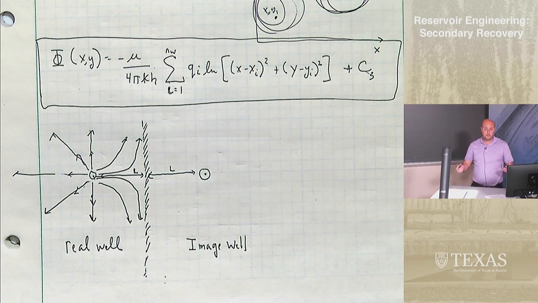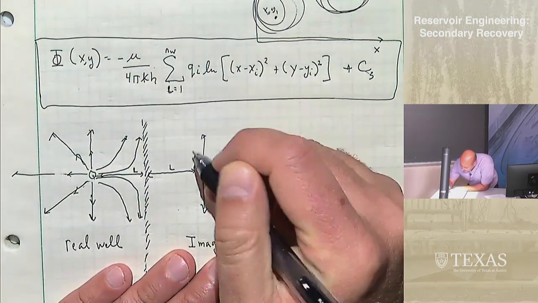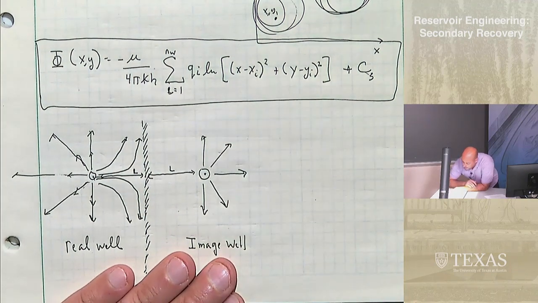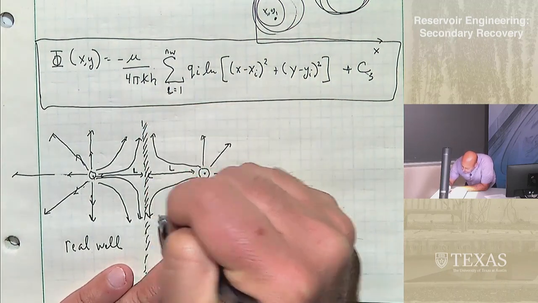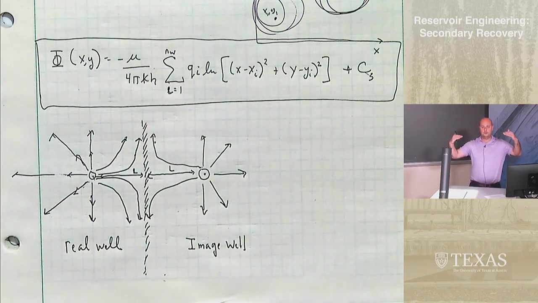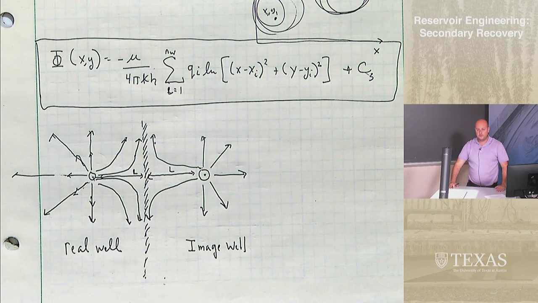And what happens is that those two wells, the real well and the image well, interact with each other, and they affect each other's streamlines. So over here, flow is going to go like this, right? But as you go over here, it's going to turn up as well, right? Because this is affected by this streamline. So when you have two streamlines coming at each other, they're going to turn and go away from each other. Okay?